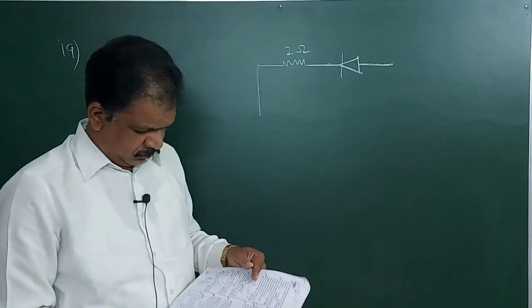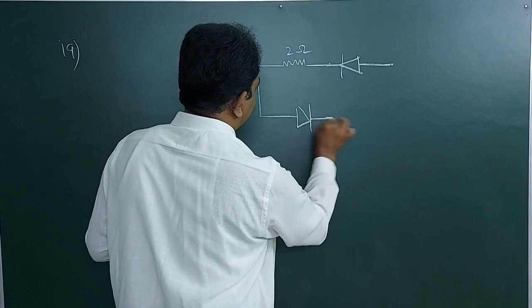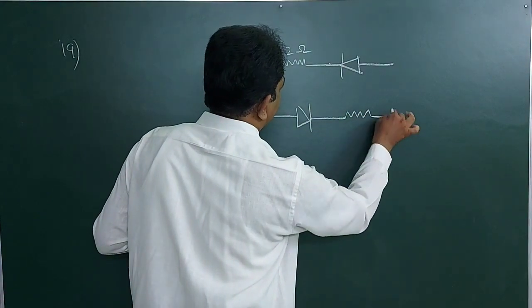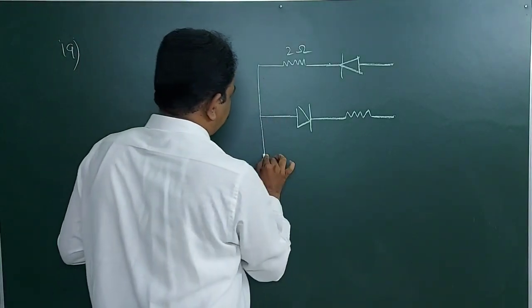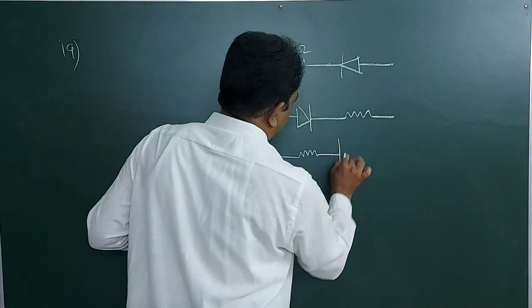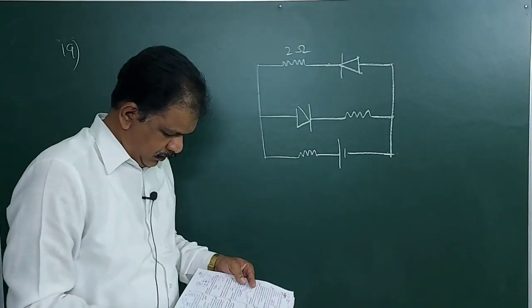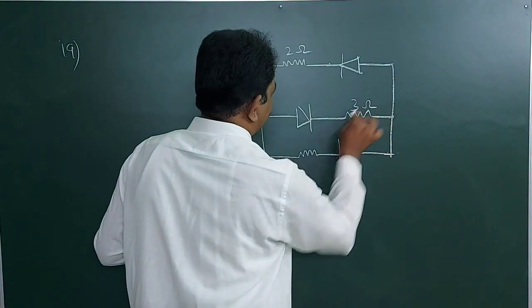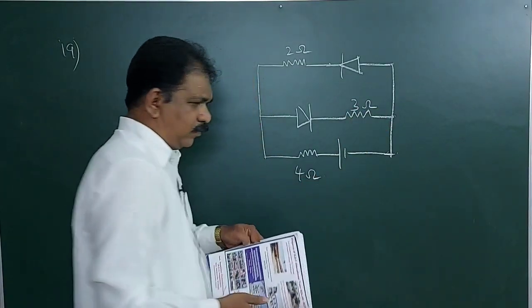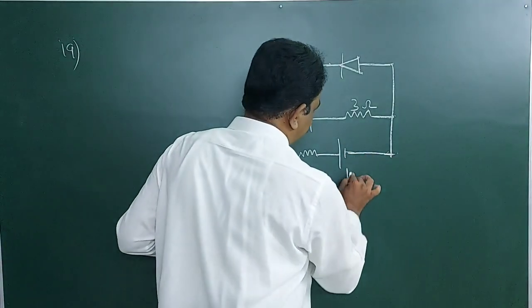Here the diode will be like this, and one resistor and one battery. Here this value will be 3 ohm. Let it be 4 ohm. It will be 12 volt.